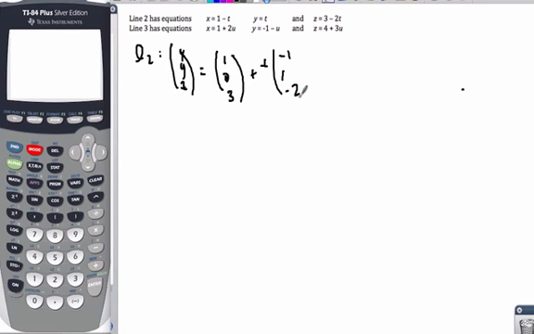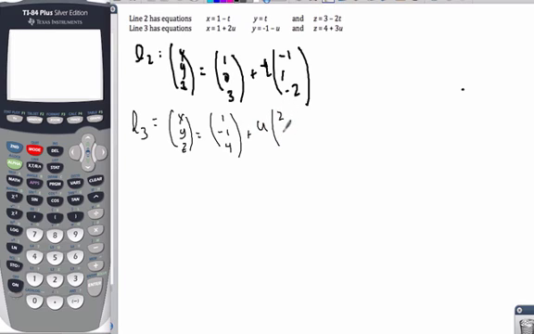And line 3 is going to be x, y, z equal to 1, negative 1, 4 plus u times 2, negative 1, 3.